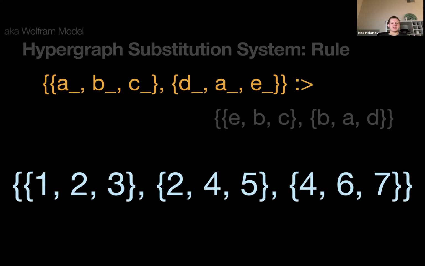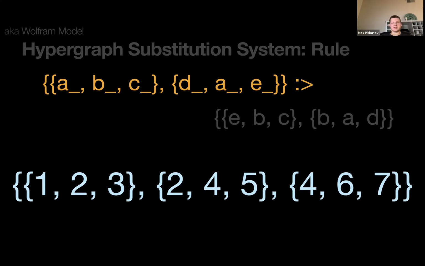Okay, so now let's talk about what the rules are for the hypergraph substitution system. Because it's a special case of the multi-set substitution system, the rules can still be written as patterns, but they are a special case, so there are restrictions on these patterns. In particular, on the left-hand side, we can only have simple patterns that don't try to examine the internal structure of atoms.